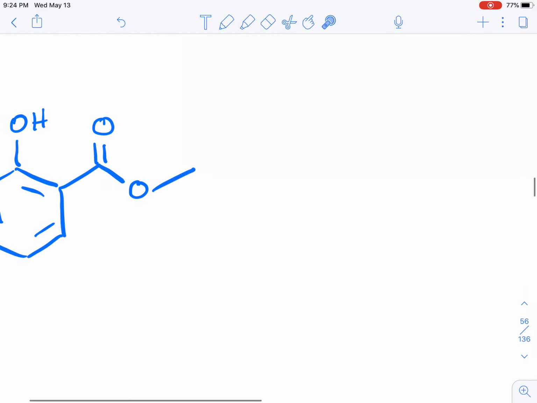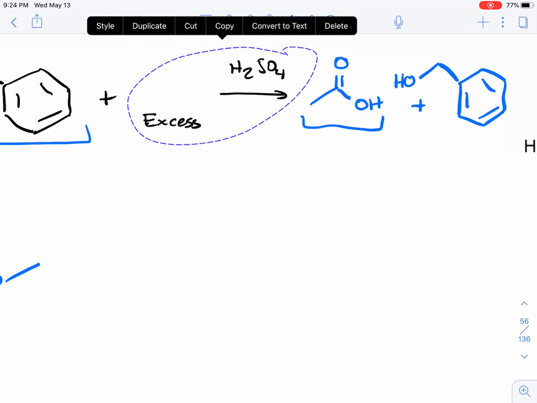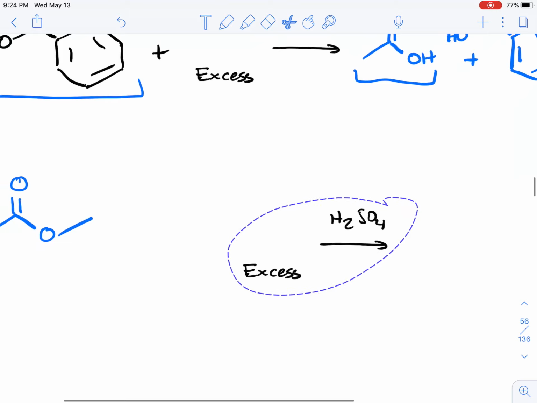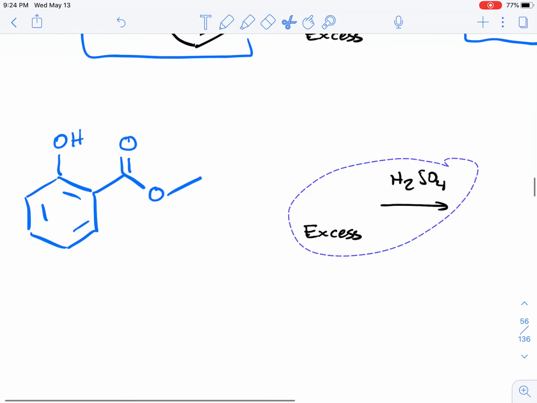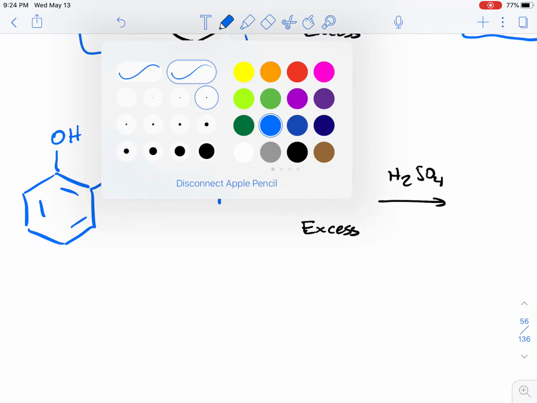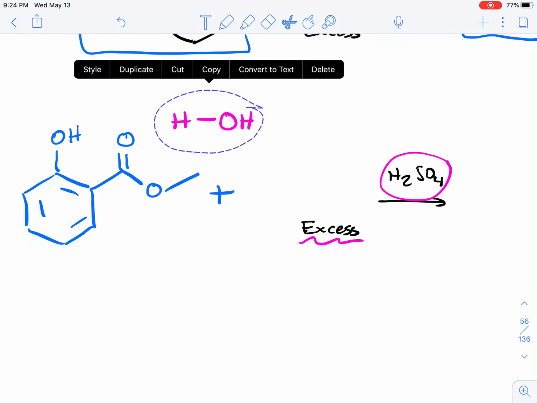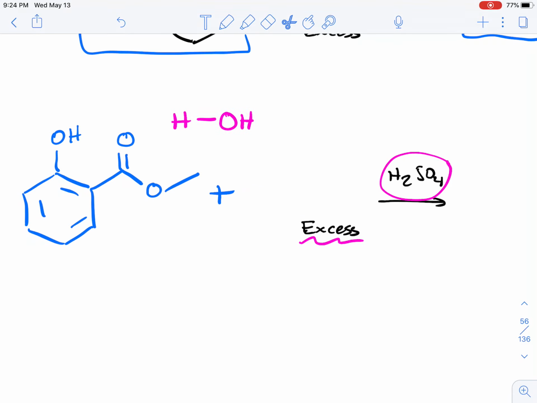So once again, let me just copy and paste this section so I don't have to redraw it or rewrite it. We're going to go ahead and treat methyl salicylate with excess water. And in the presence of sulfuric acid, which is a strong acid, what's going to happen is that this water molecule, the bond between the hydrogen and the oxygen, is going to break.